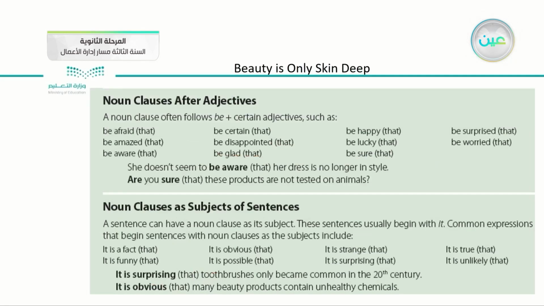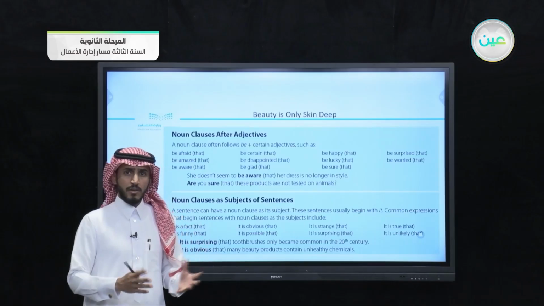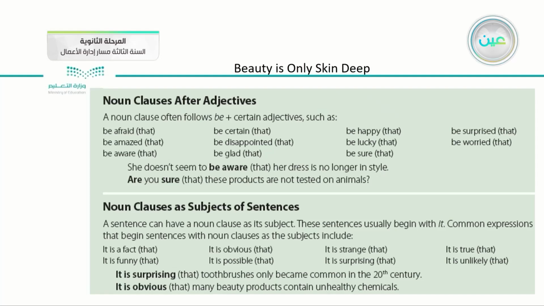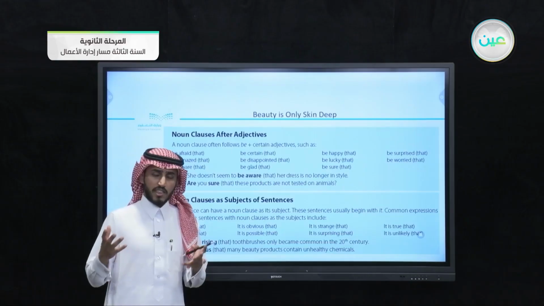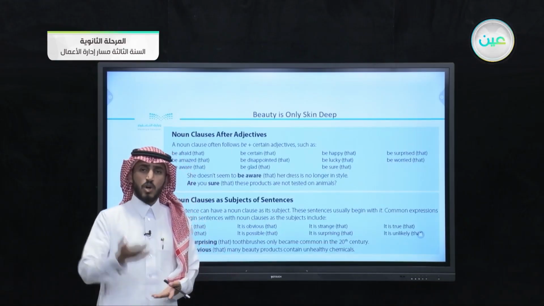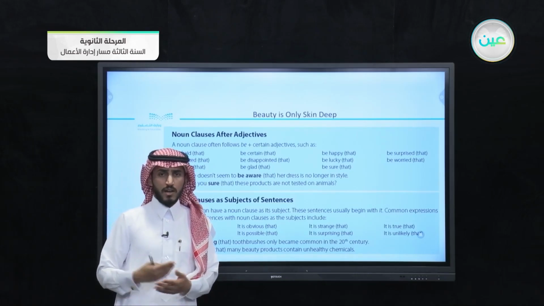Then after that, we moved to the third part, where we talked about noun clauses after adjectives. We have here lists of adjectives like afraid, be amazed, be aware, be certain, and so on. We said that the adjective follows the verb be, and the verb be, as we all know, is am, is, are in the present, and was or were for the past.